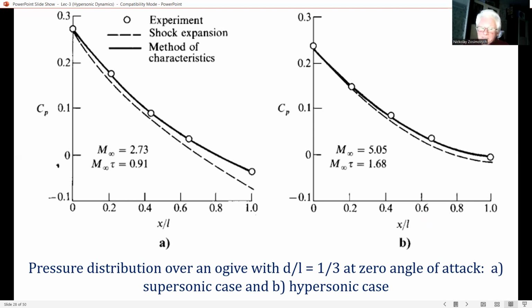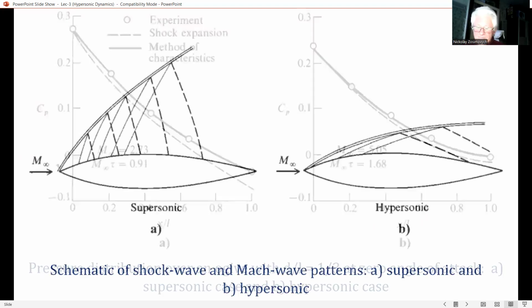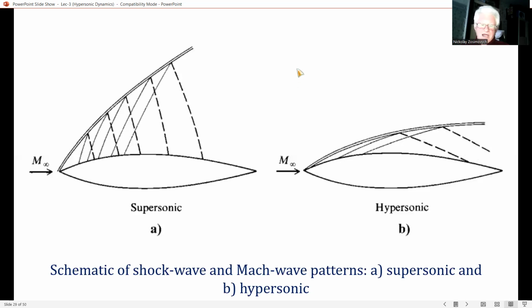And the shock expansion method is much closer to the exact result. There is a reason for this, as explained in the following. Consider this figure, which contains schematics of supersonic and hypersonic flow over a pointed body with an attached shock wave.